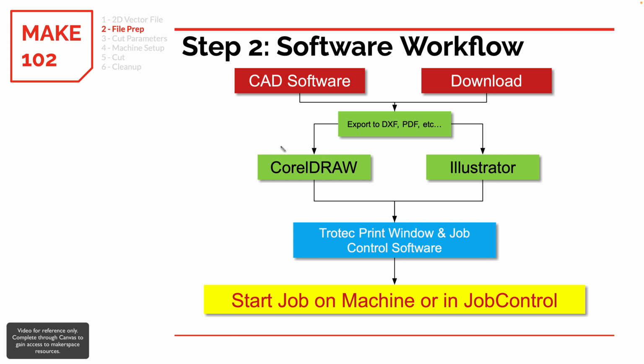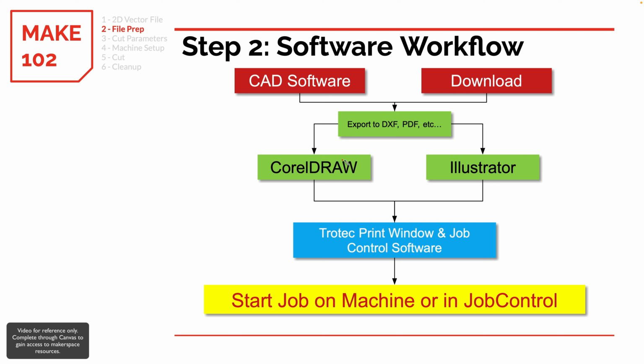Then we open those files in one of these 2 software packages, either CorelDRAW or Adobe Illustrator. And when we're in these packages, that is where we change the lines to be what we want. So we change all the cut lines to minimum thickness, and we change them to pure red, and we change all the things we want engraved to pure black.